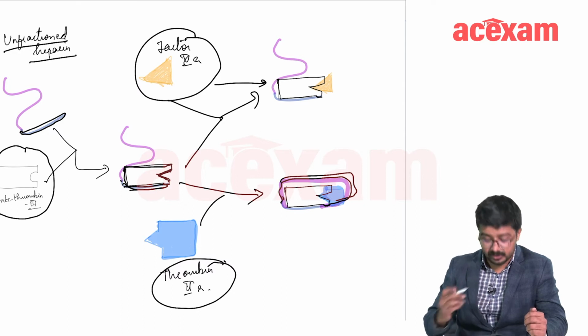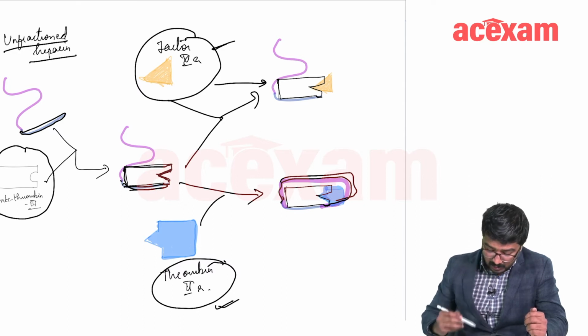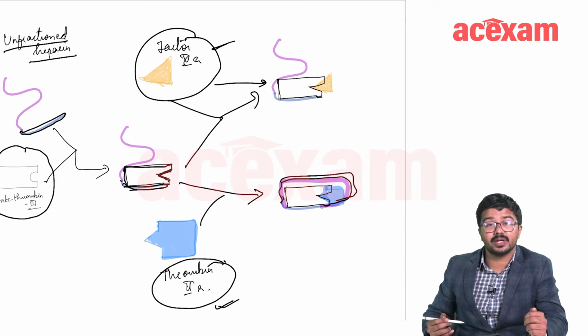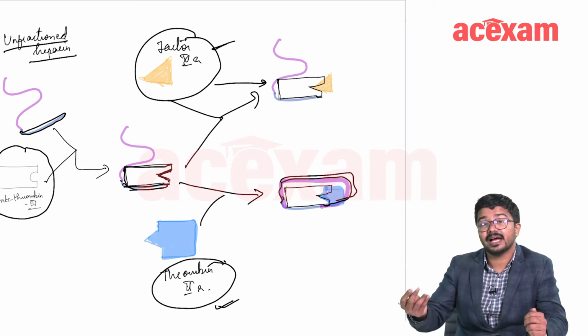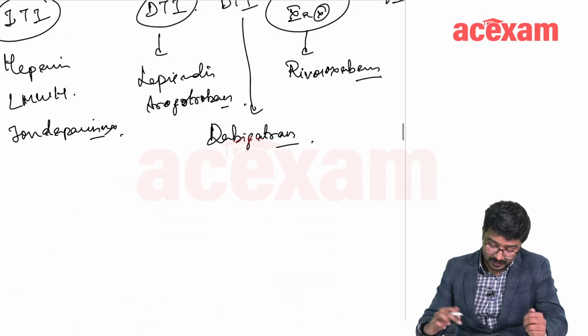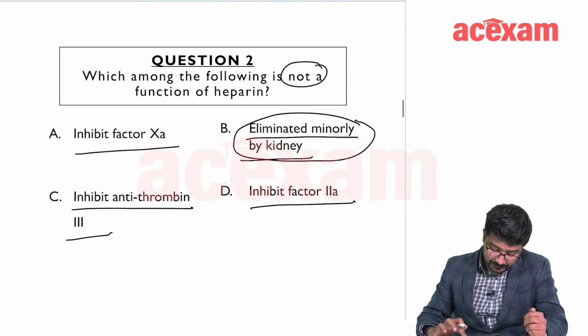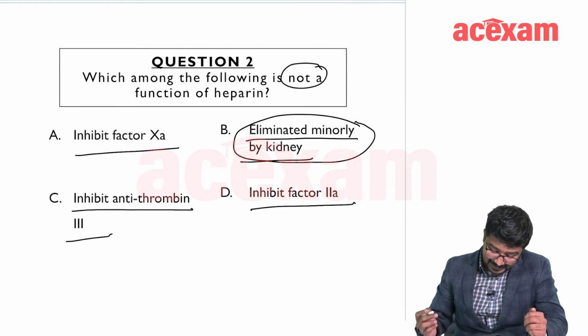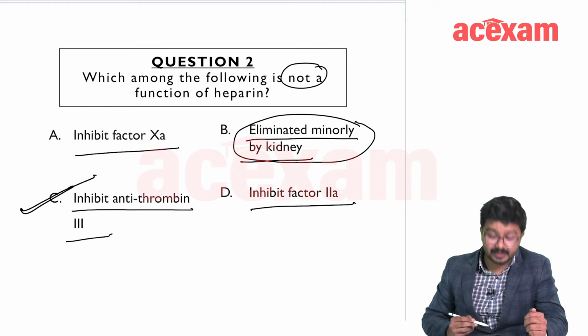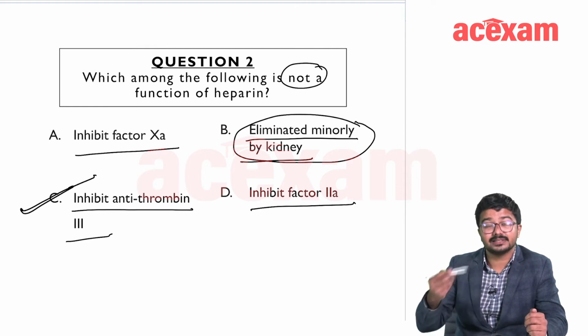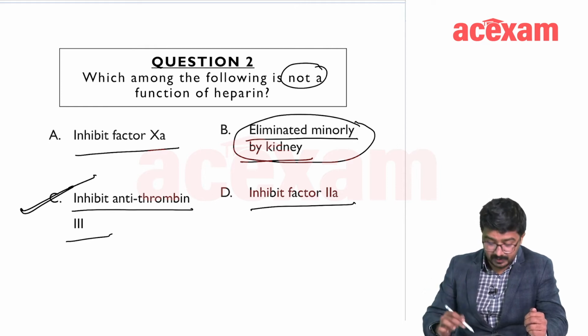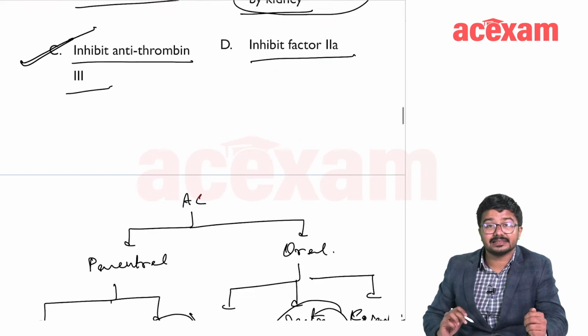So that is the answer, because it also inhibits factor 10A, it also inhibits factor 2A, but it causes enhancement of antithrombin 3. That is how these two effects occur. Okay, so now let's go back to the question. So the right answer over here is inhibit antithrombin 3, because it's a wrong statement in the sense, but for this question it's the right answer.